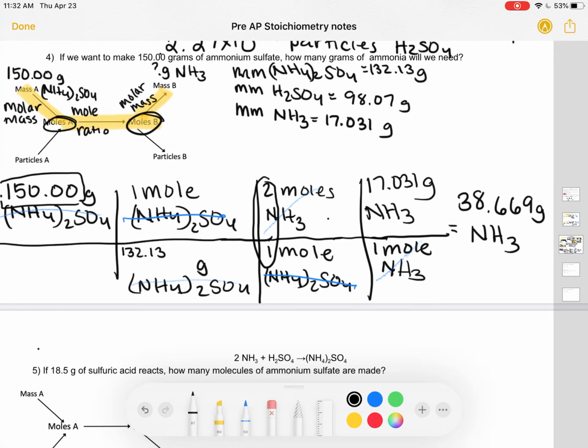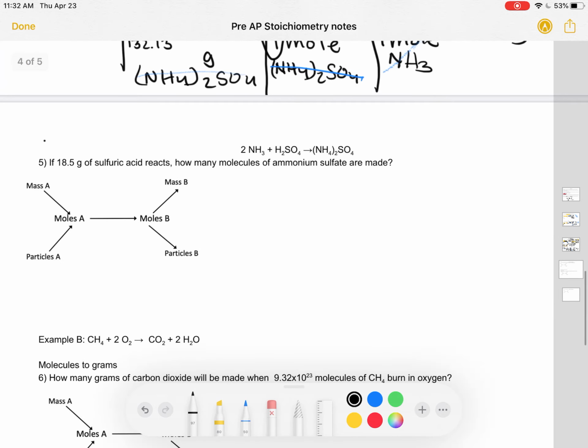So we went from grams of one substance to grams of another substance, using the stoichiometry roadmap. Okay, we got one more problem that goes along with this equation. We have grams of sulfuric acid, and we're looking for molecules of ammonium sulfate. Molecules. All right, I said it right now.